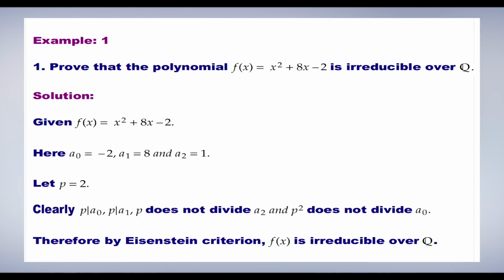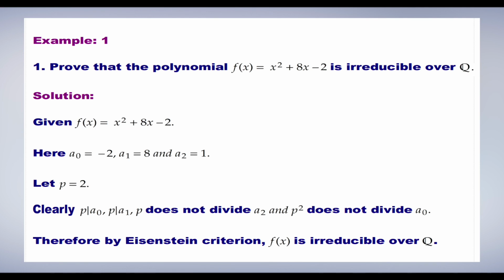Let us discuss some examples here. The first example is, prove that the polynomial f(x) equal to x^2 + 8x - 2 is irreducible over Q. The solution is, given f(x) equal to x^2 + 8x - 2.